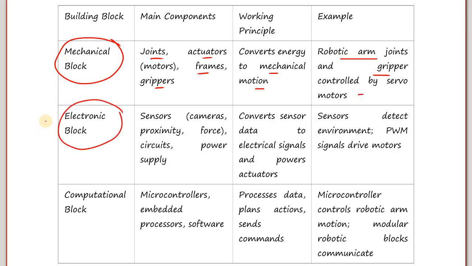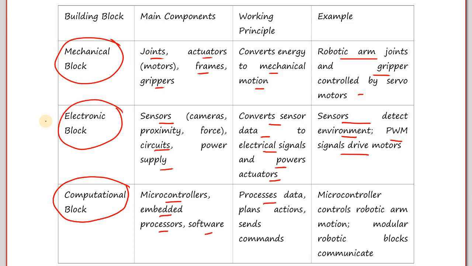After that, we have the electronics block. Here, the components are sensors, circuits, power supply, and basically this block converts sensor data to electrical signals and powers actuators. And we have talked about sensors detecting the environment, the pulse width modulated signals driving motors, and finally we have the computational block, which includes microcontrollers, embedded processors and software.